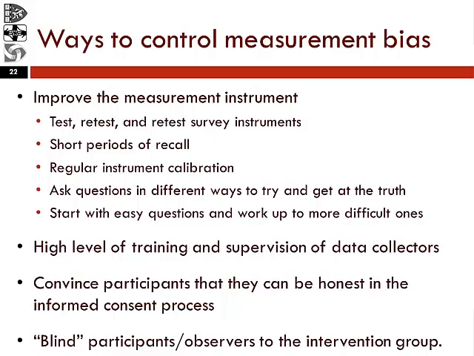So a big issue with measurement bias is in your instrument. And for a lot of us, that's the survey instrument. When we go out and we ask questions about certain things, the only way you can make sure your survey instrument is good is to test it, and then retest it, and then test it again, to make sure there are no problems with your survey, the way you're asking questions.